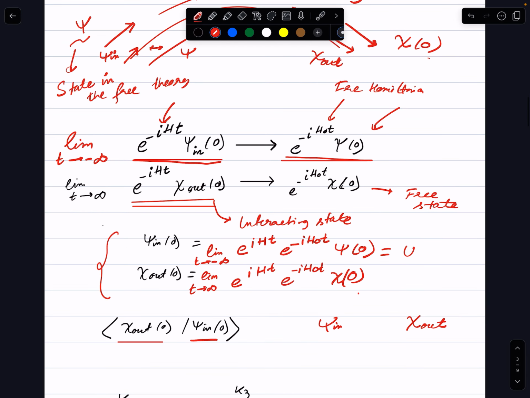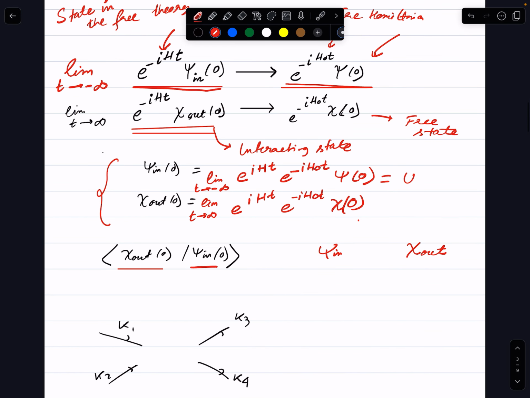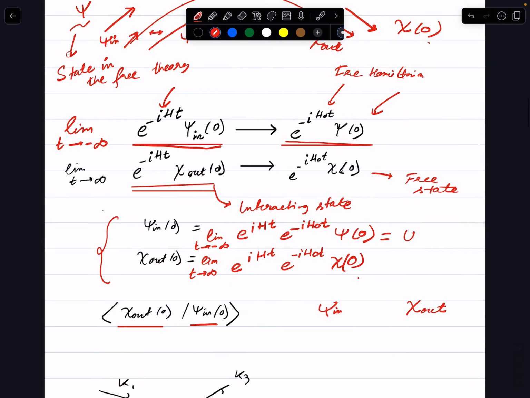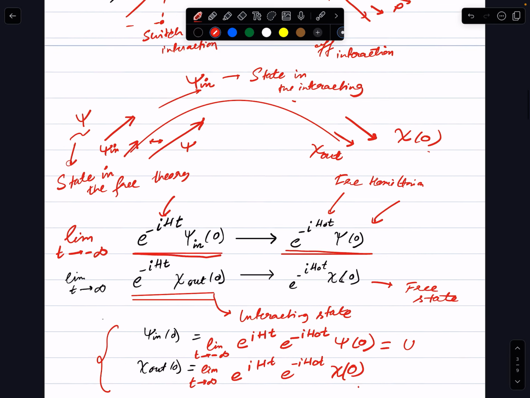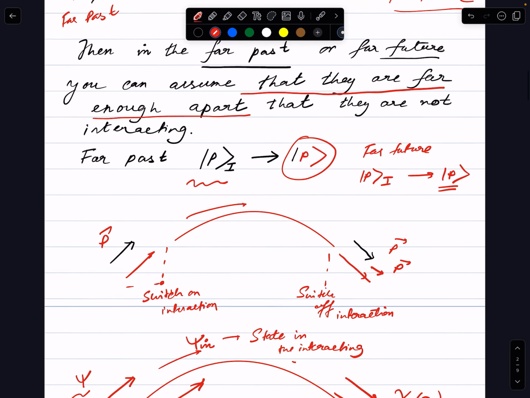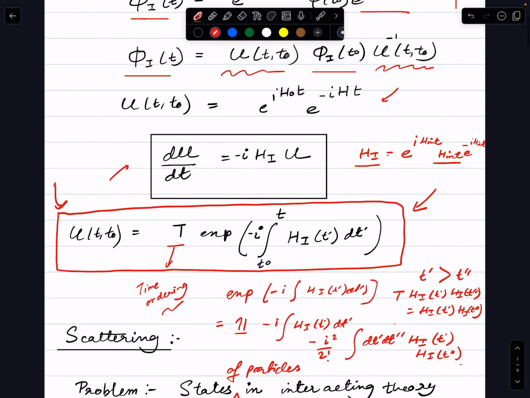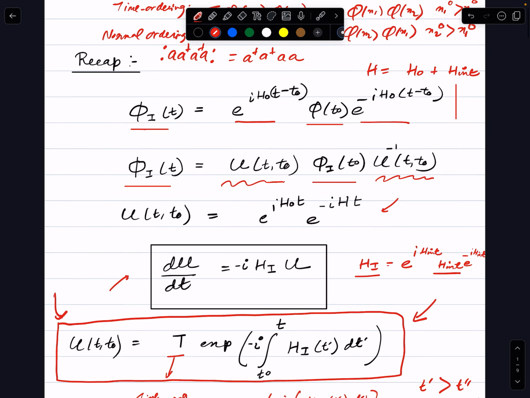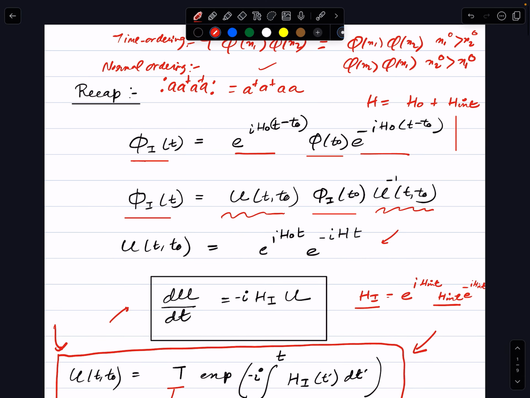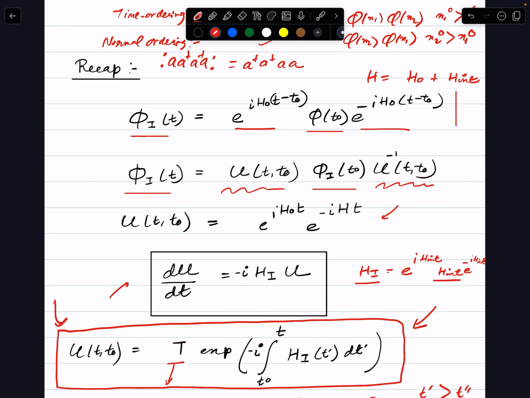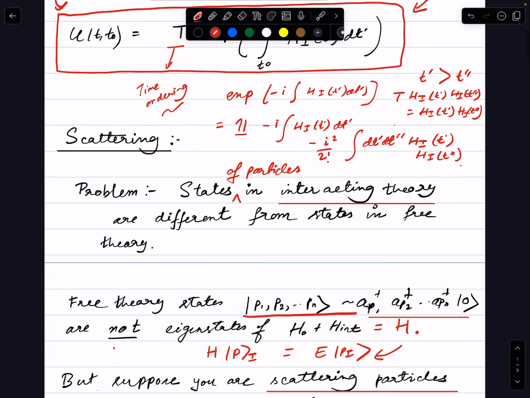And so we have this to be equal to 1 second, this was U dagger, and this was U psi U dagger.